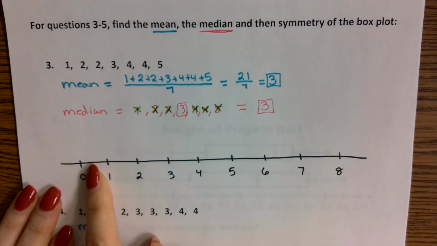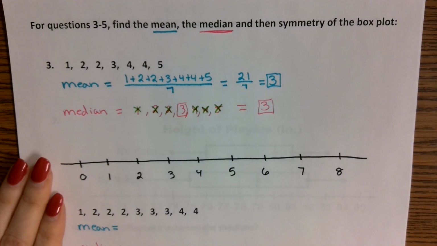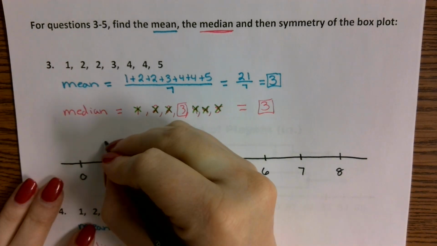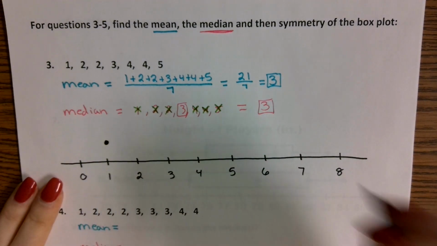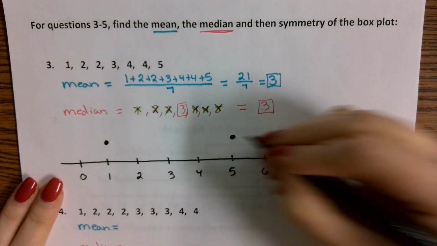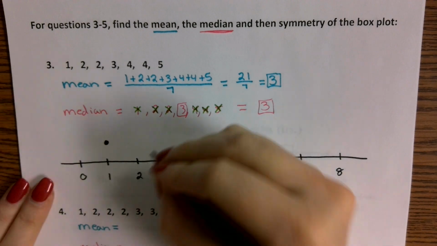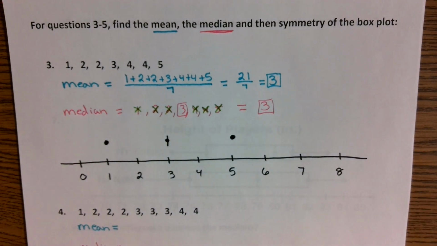Now, I've already drawn a number line here, and I'm going to show you what your box and whisker plot will look like. You plot your smallest value and your largest value. Our smallest value is a 1, and my largest value is a 5. There's my far ends. My median is a 3.